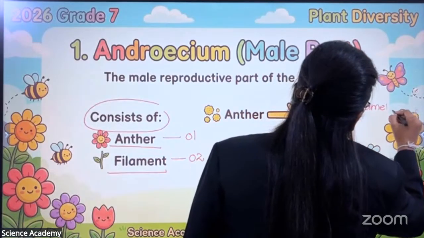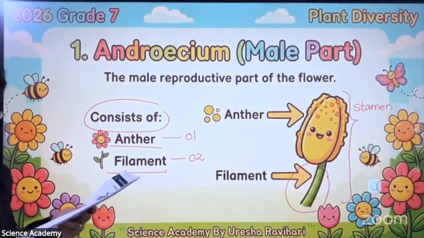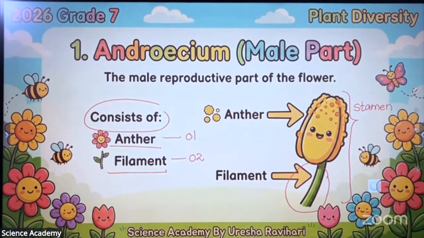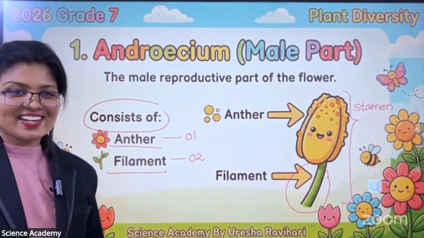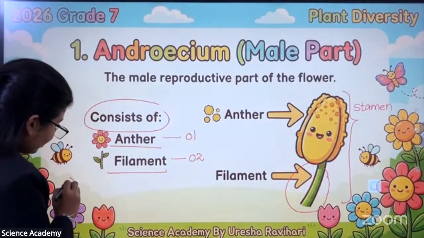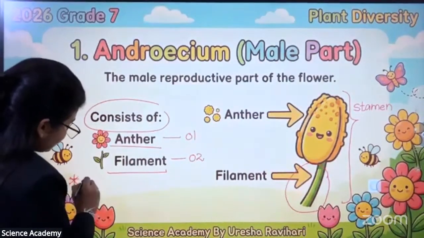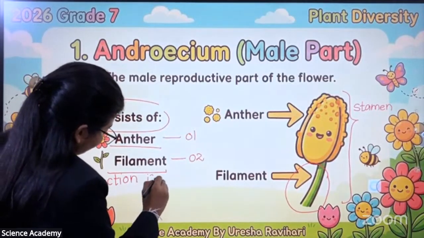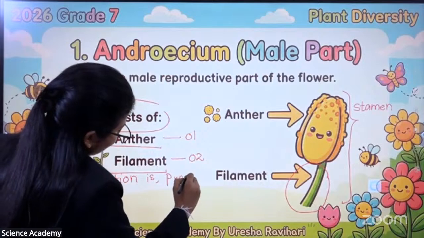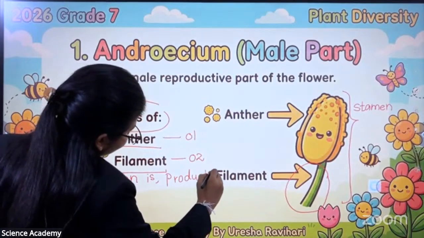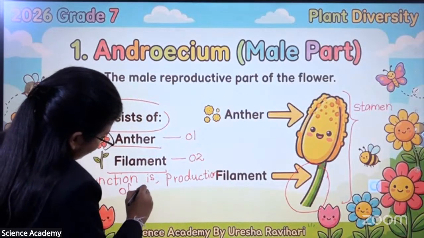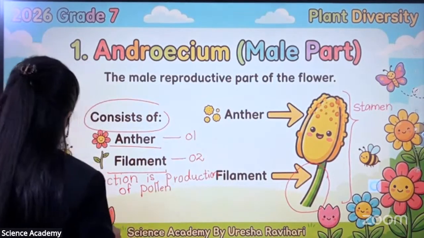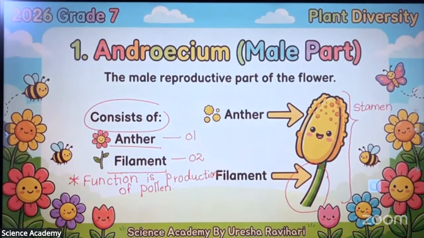Since you have enough space under that, put a star and write: function is production of pollen. Pollen means parag.